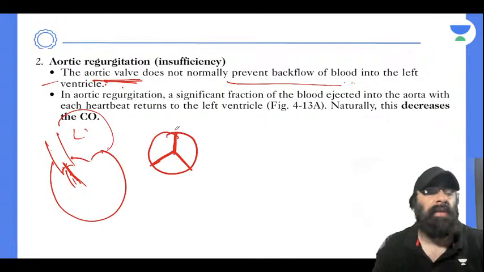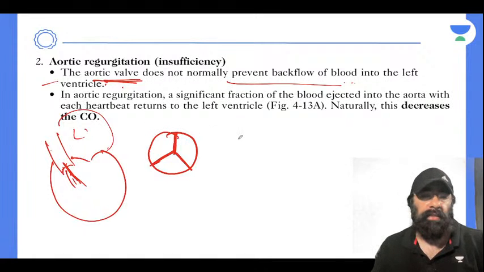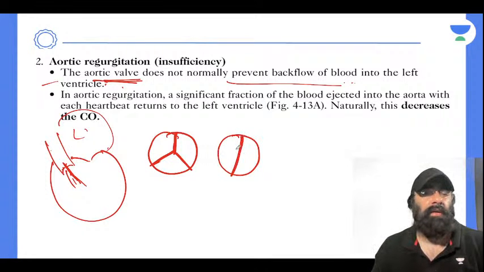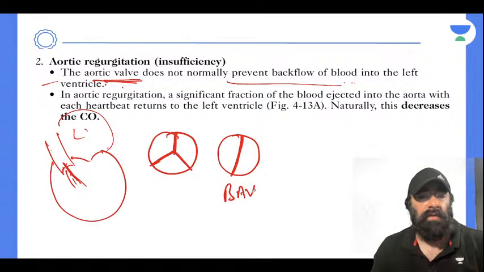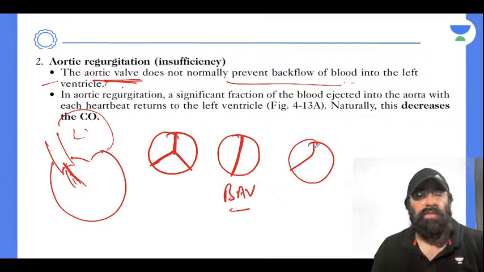So blood leak नहीं होता है normally, मगर aortic regurgitation में हो क्या रहा है, many times sometimes what can happen कि there is only two particular leaflets. So ये क्या हो गया, bicuspid aortic valve. और क्या हो गया, कभी कभार aortic valve में कोई valve जो है it does not really close, it is just stuck somewhere.